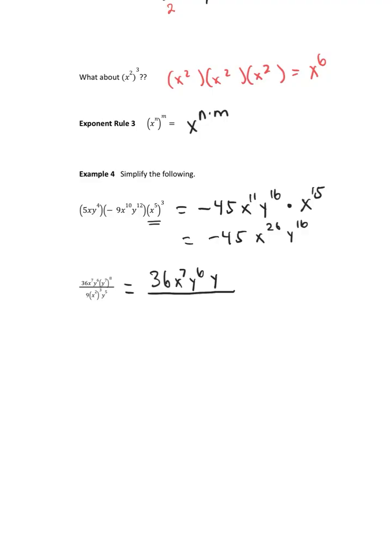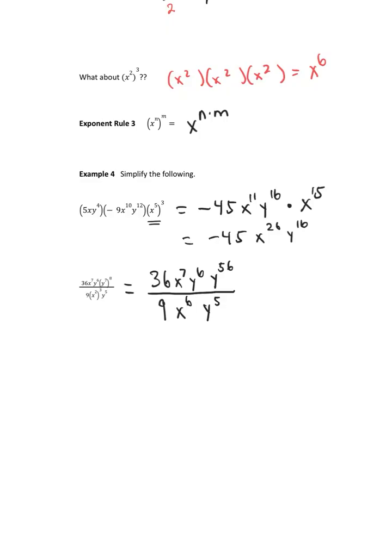So that would be y to the, what do you think? 8 groups of 7, 56, right? Multiply a power to a power, you multiply the exponents. And on bottom, you'd have 9, x to the, well, that would be 3 groups of 2. So multiply, 3 times 2 is 6. And then y to the 5th.